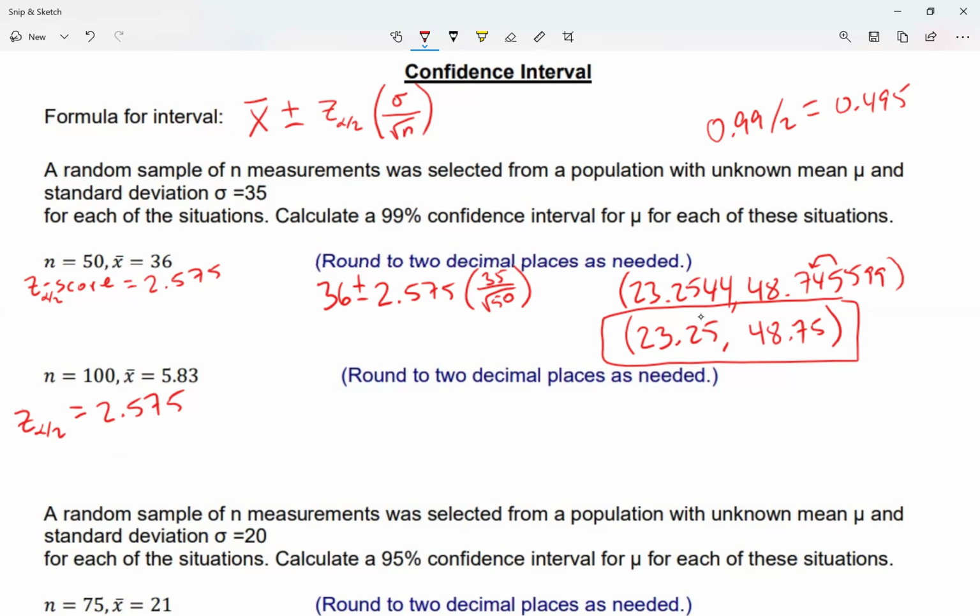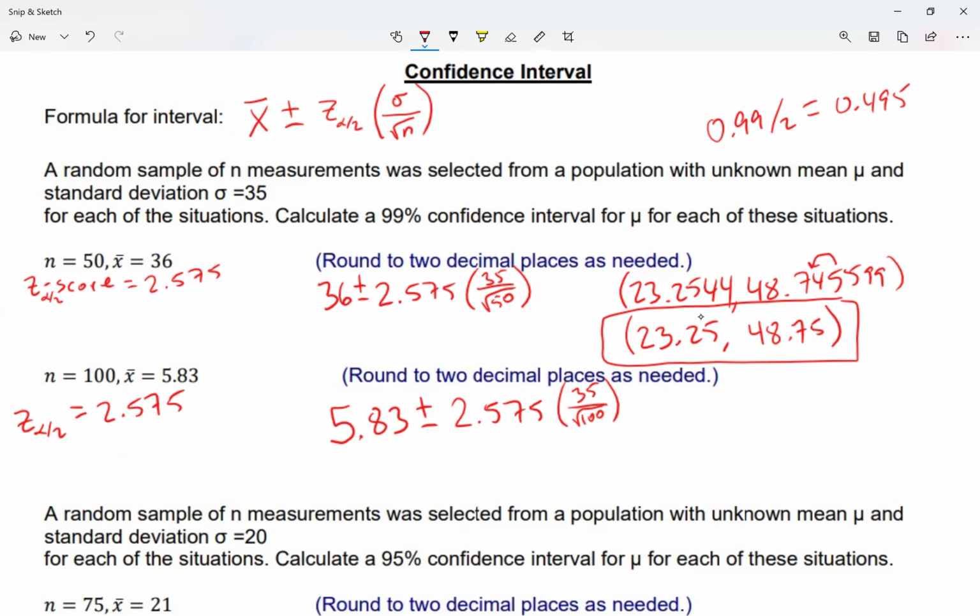So in this case, I'm going to go 5.83 plus or minus 2.575. And then here in parentheses, I'm going to have 35 divided by the square root of 100. Follow me? Okay. My interval. Let me find my small value first.